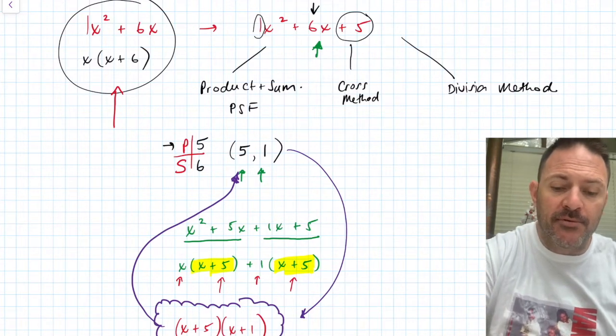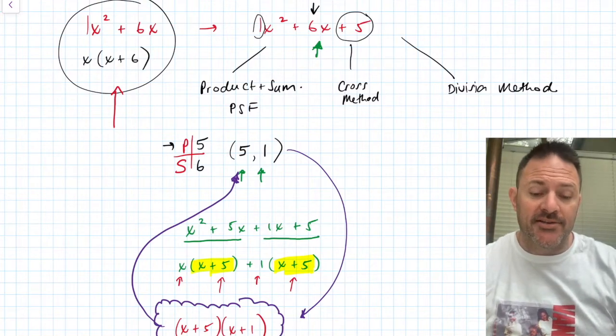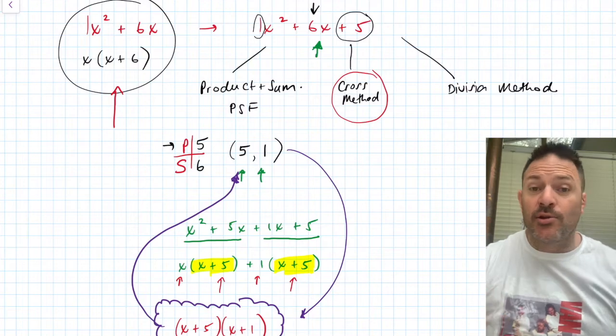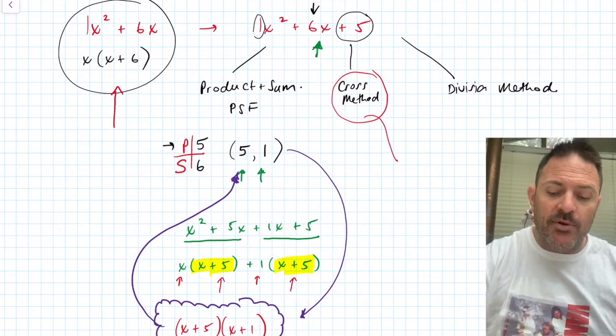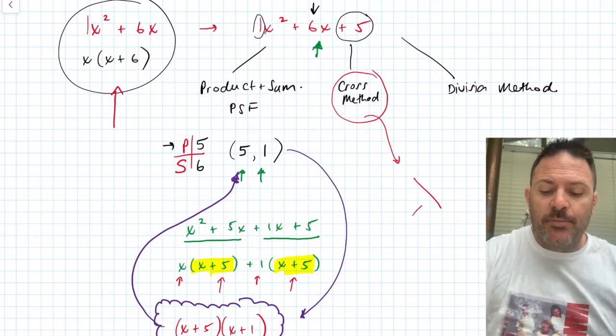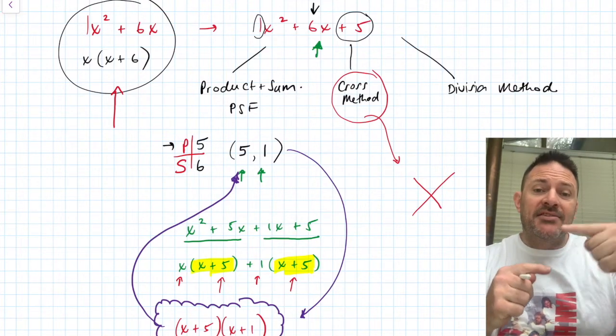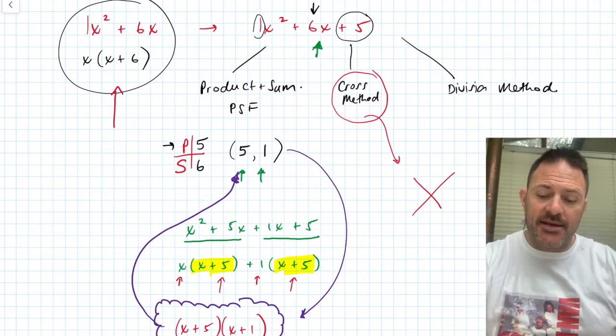And for most people, that's what we are looking at to solve. The second method is one that I don't like as much, but certainly I know a lot of students will use it. And that's what we call the cross method. Basically, we put a cross there. We put the factors that make the x squared. So in this case, it's x times x.